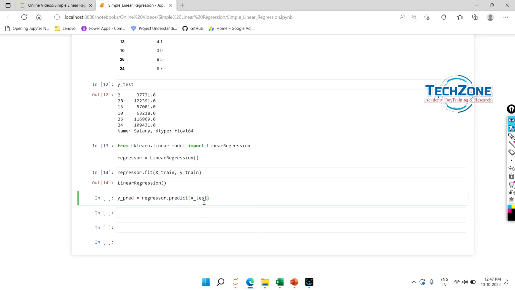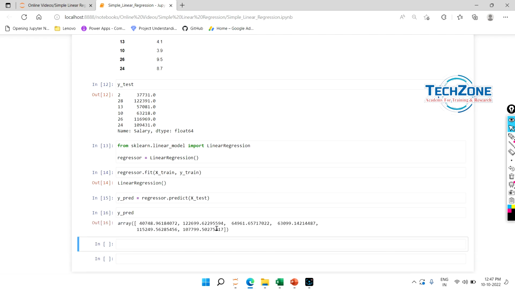So when we are passing the values of x_test, this regressor model, or linear regression model, will predict the values, and those values will be stored in y_pred. Let us go ahead and execute this y_pred. Let us print those values. So these are our predicted values, right? Let us go ahead and see here y_test.